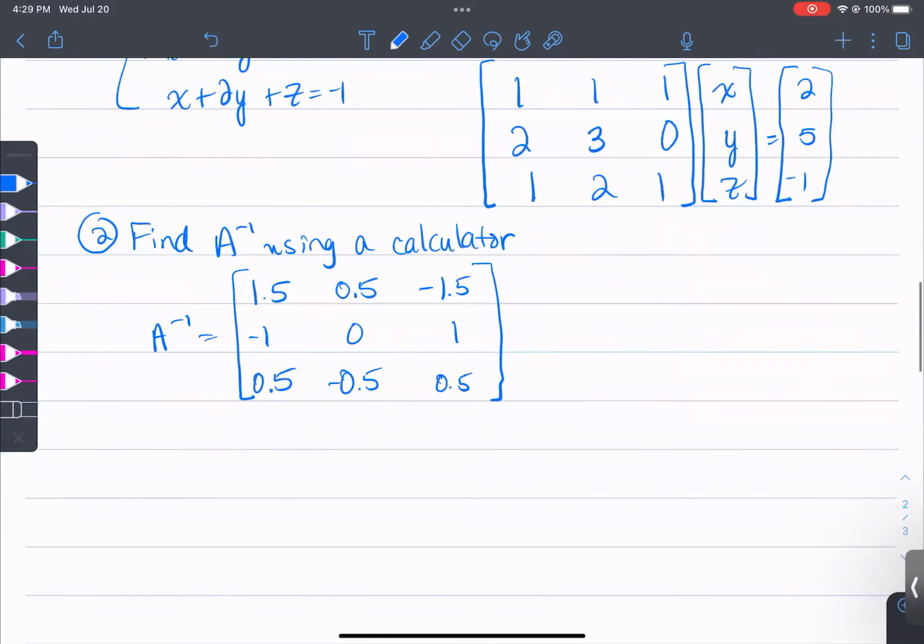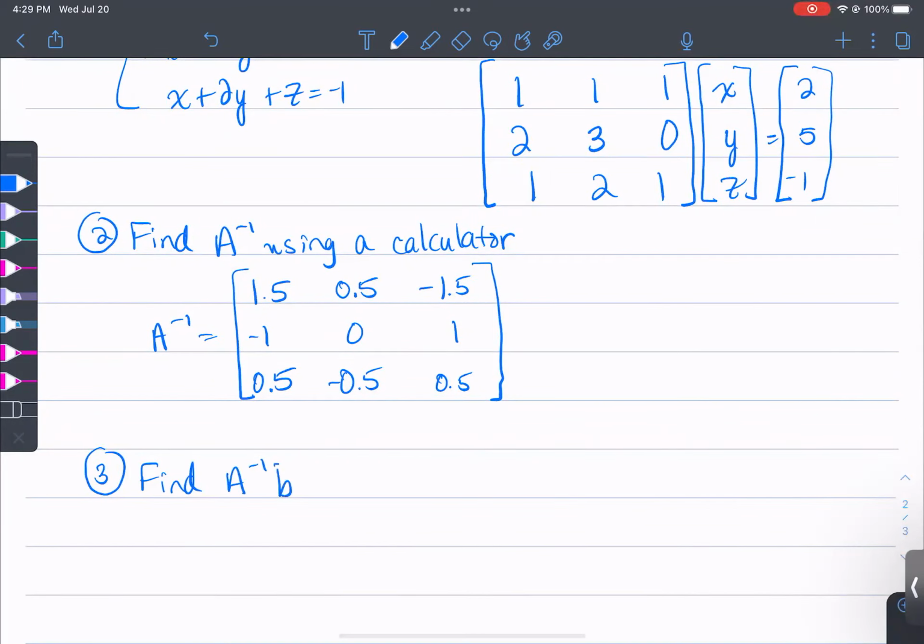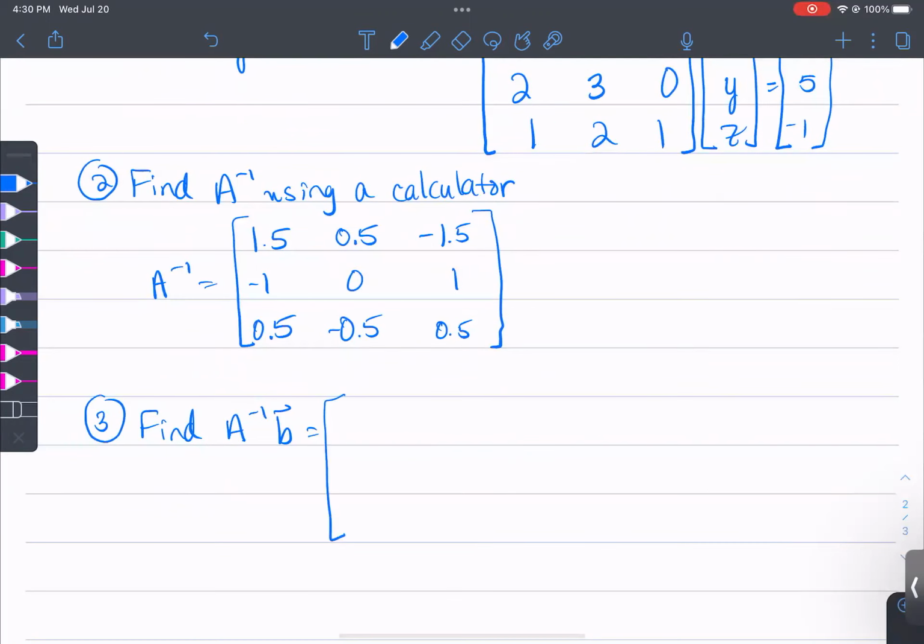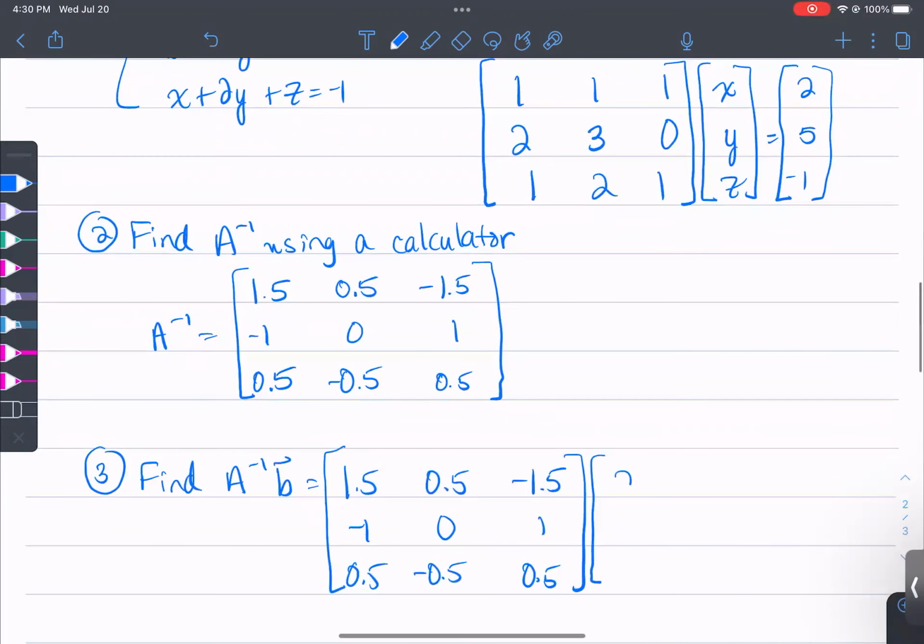And then using our matrix equation for the third step, we're going to find the value of A inverse times B. So inverse matrix times the column matrix of our constants 2, 5, and negative 1.